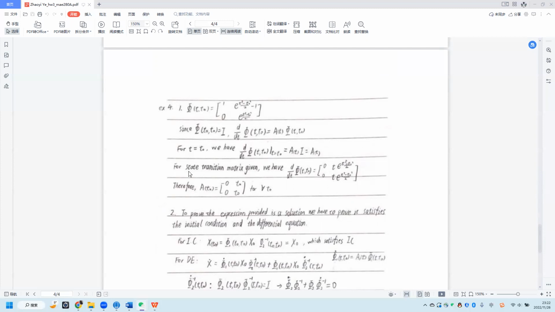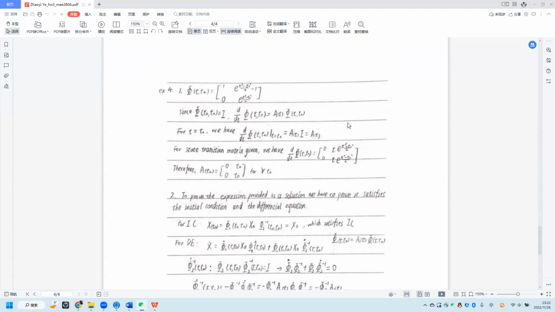From the state transition matrix given, we can calculate this derivative. Taking the derivative, the result is one over the determinant multiplied by the matrix with entries minus c, minus a, b, d, and minus c and minus a.